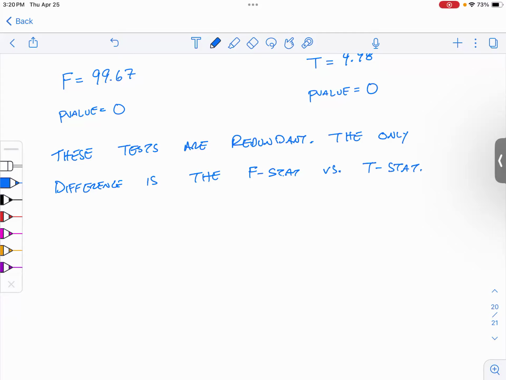And in this case, with both, reject or fail to reject H0? Reject H0 at a 5% significance level.